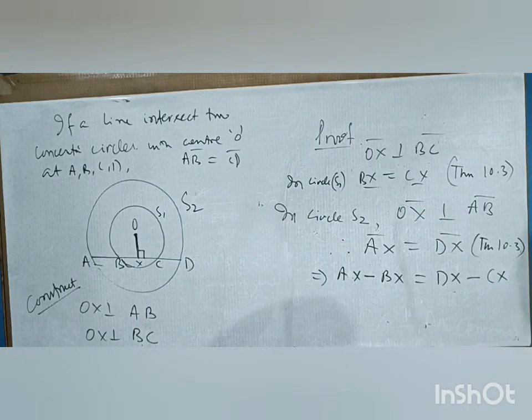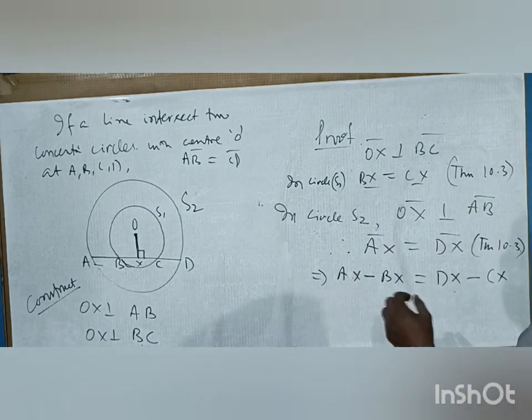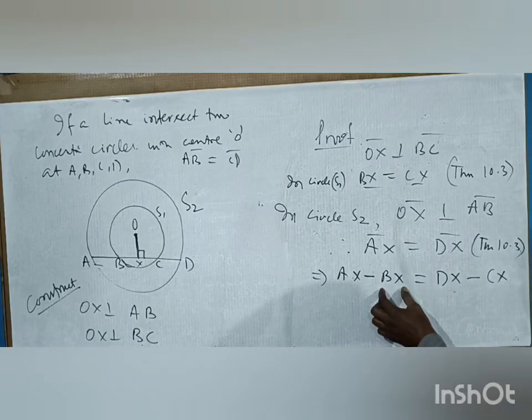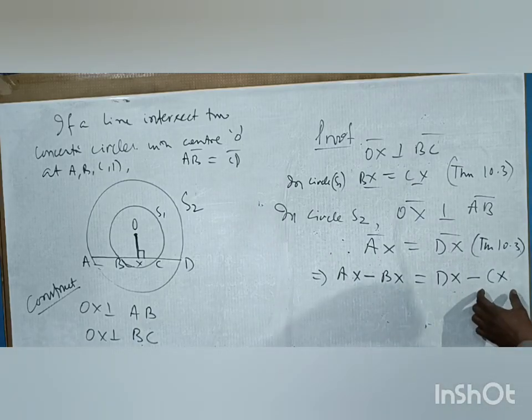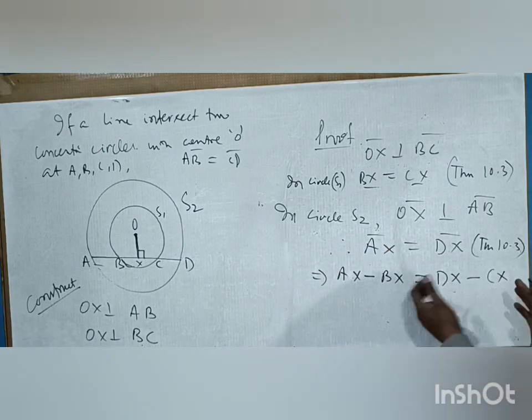BX equal to CX, the same length. BX cannot be subtracted from DX, but CX can be, and both are the same in length.